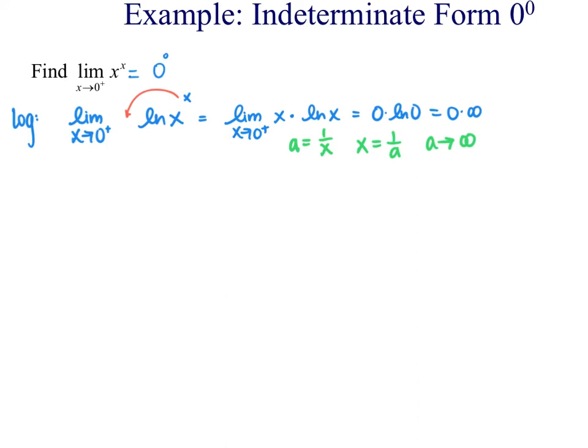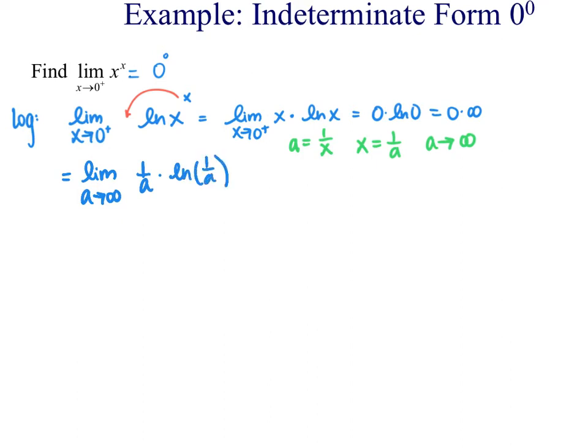I'm doing this so that I can have a quotient. That's the whole point. So a approaching infinity, this will be 1 over a times the natural log of 1 over a.